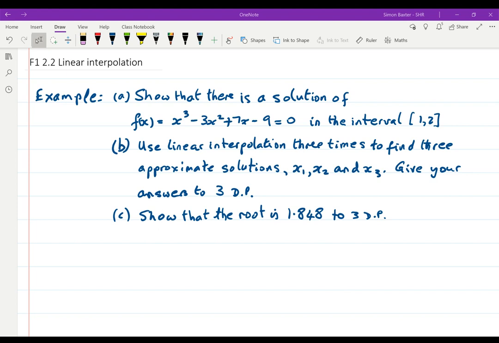Well, let's look for a solution. If we start off by looking at f(1) to see what's happening in the interval [1, 2], f(1), this is part A, is equal to 1 minus 3 plus 7 minus 9, and that is equal to 8 minus 12, which is minus 4.